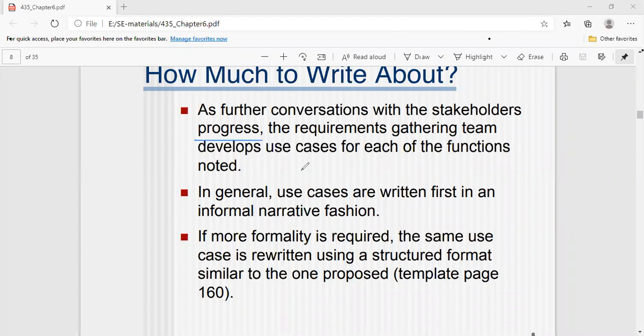In the previous class, we discussed one ATM example. In that example, we showed only four functions performed by a customer, isn't it? Which means balance inquiry, withdraw, deposit, and fund transfer.